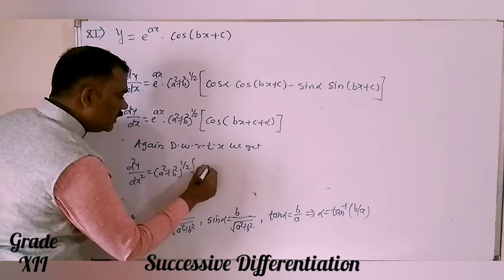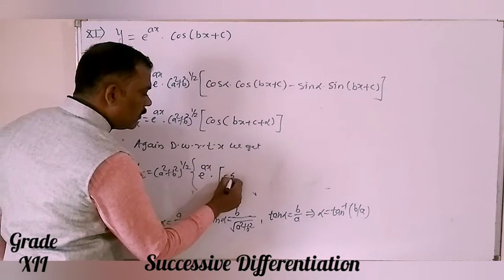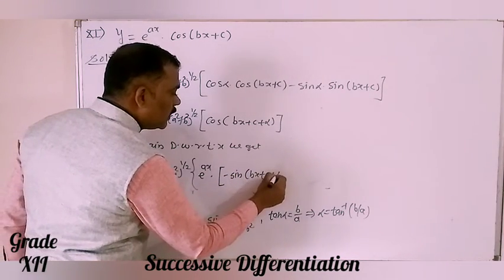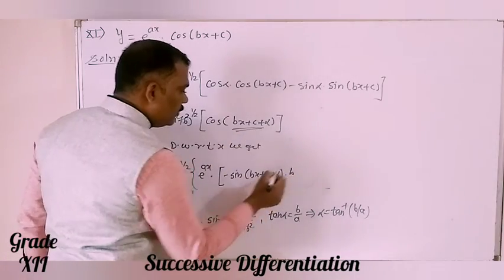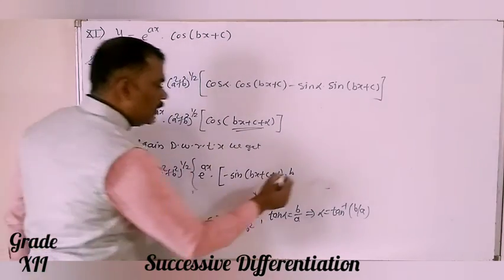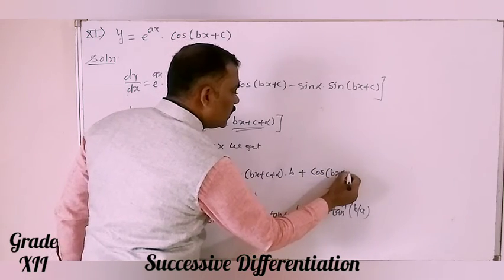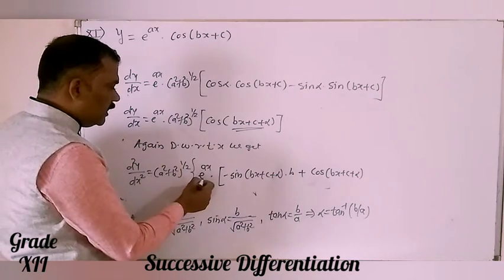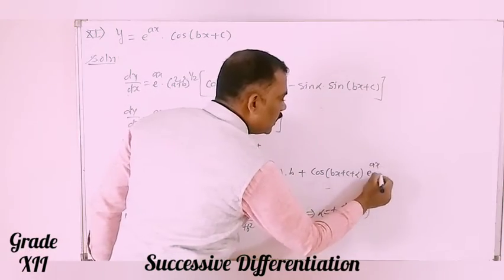First function as it is, e raised to ax, differentiation of the second is nothing but minus sine of (bx plus c plus alpha) into the derivative of the argument, which is nothing but b, plus the second function as it is, cos of (bx plus c plus alpha), into the derivative of the first function, that is the derivative of e raised to ax, which is nothing but e raised to ax into a.